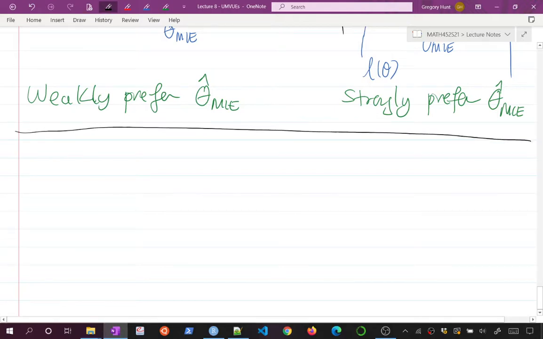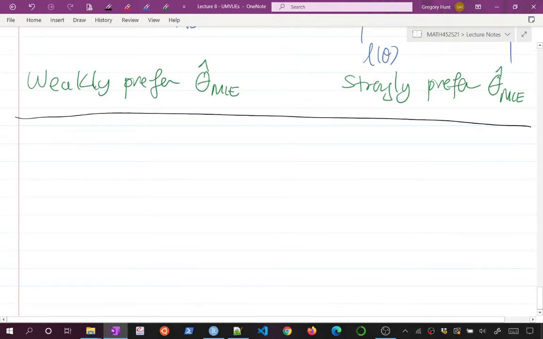And as in the other case, let's look at a theorem. This theorem has a couple parts. I think I can write it as one line.